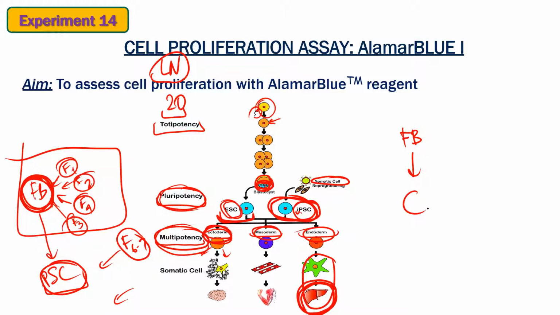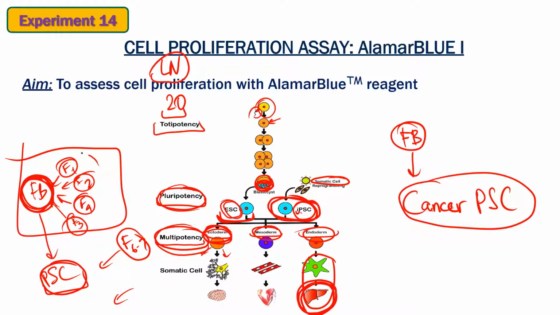And these cells, just because of the tradition, we call them cancer cells. And if we go deeper, the cancer pluripotent stem cells or cancer stem cells. So this transdifferentiation that is not controlled by us, we usually call it transformation.